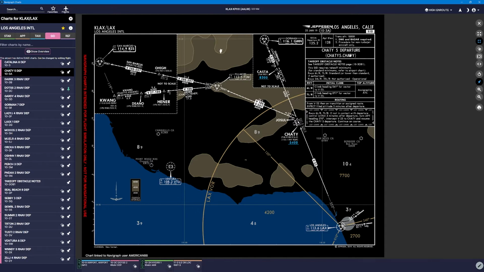So when you look at your departure, you need to determine if your departure is vectored. All right, and what that means is that when you are cleared for takeoff, the air traffic controller may or may not tell you to fly the runway heading.